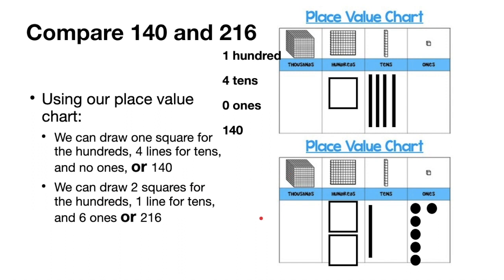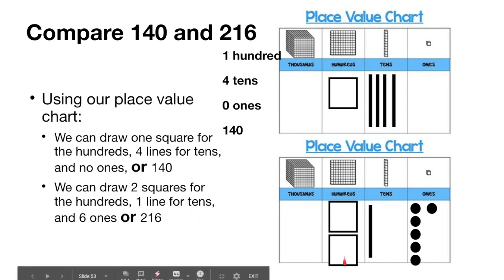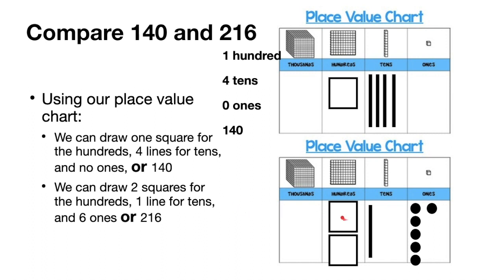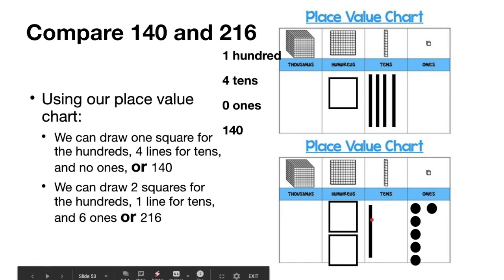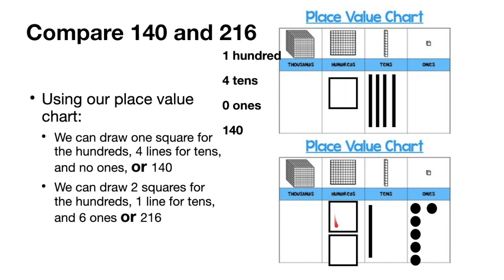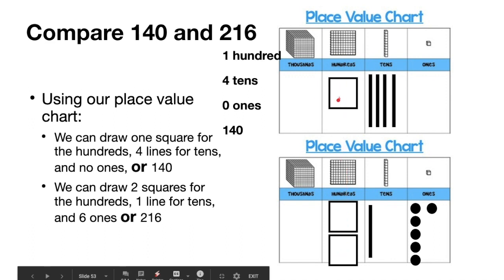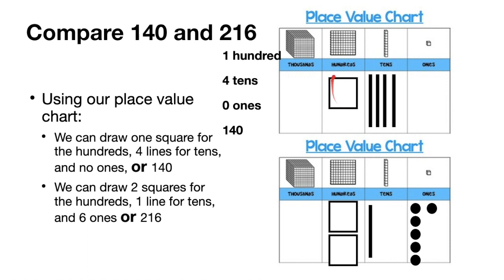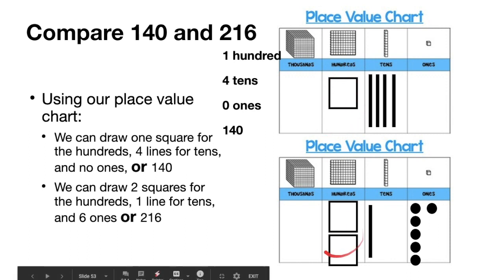For our second number, we can draw 2 squares for hundreds, 1 line for tens, and 6 ones, or 216. So I forgot to write it out here, guys, but we can figure it out together. We would write 2 hundreds, 1 ten, and 6 ones. So if we look at our place value chart, we are going to start from the left because we can see here that 1 hundred, right, and 2 hundreds.